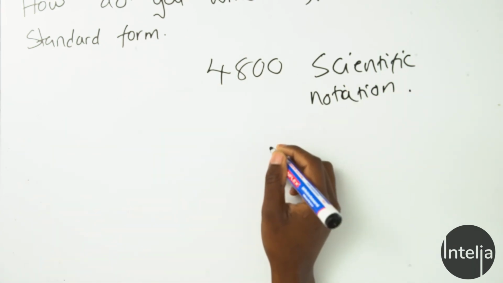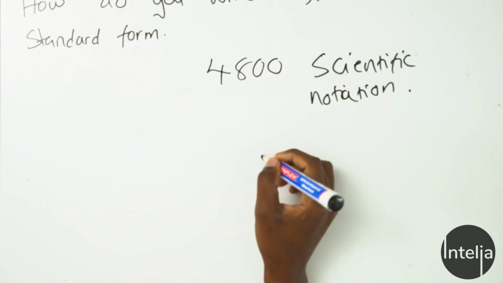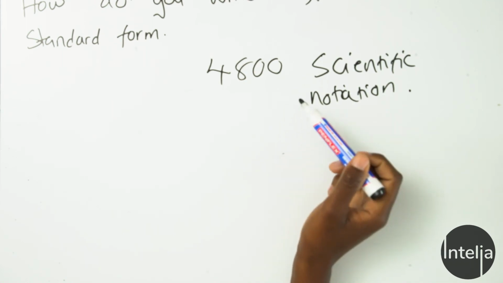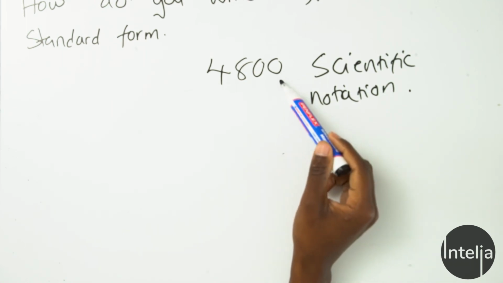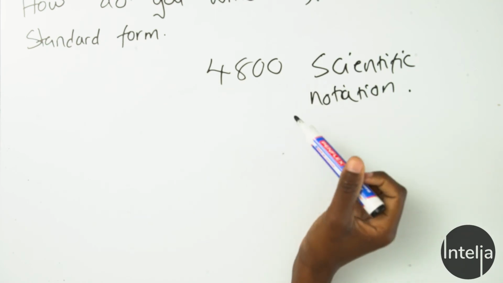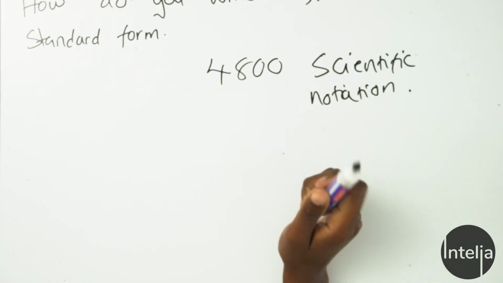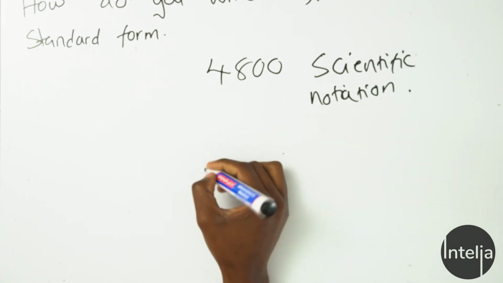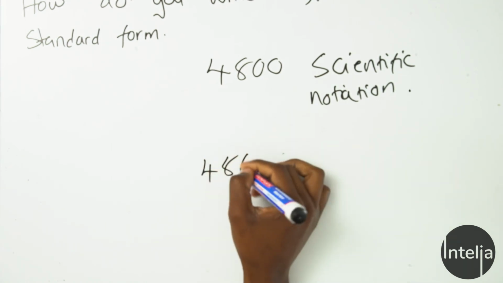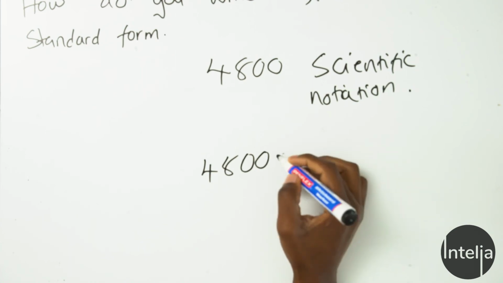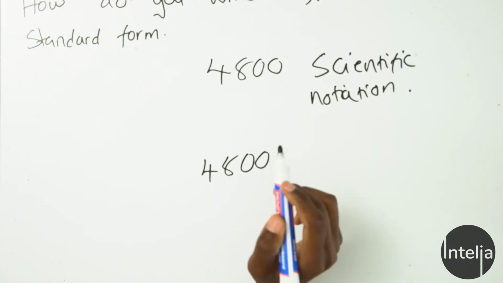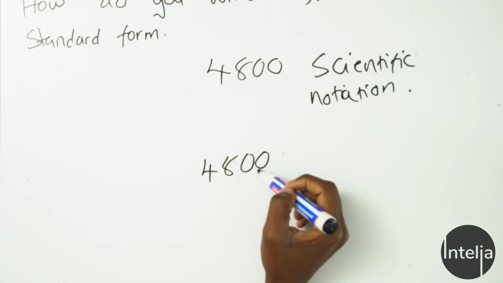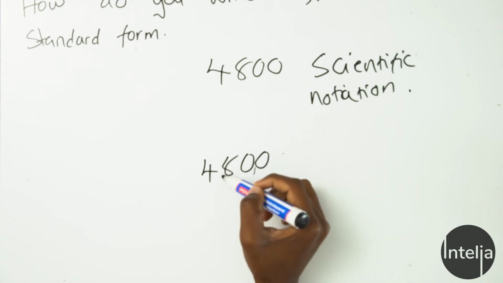So you move the decimal point to the left until the number is between 1 and 10, right? So like this, 4800. Remember, you move your decimal to the left.